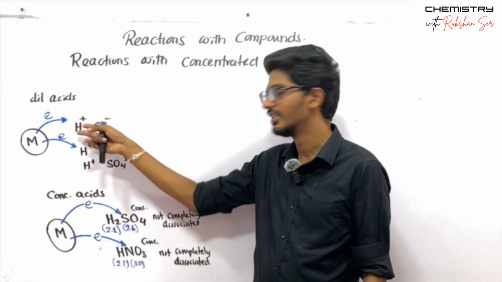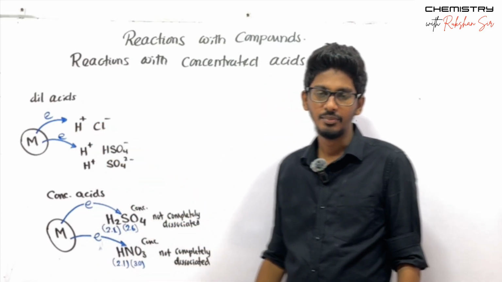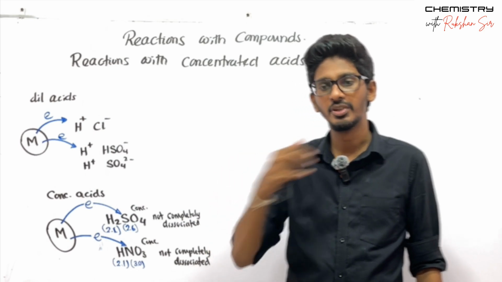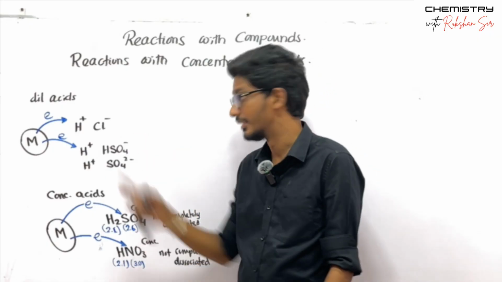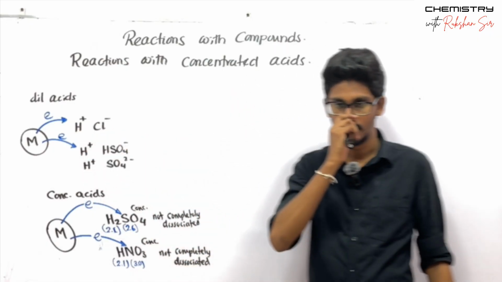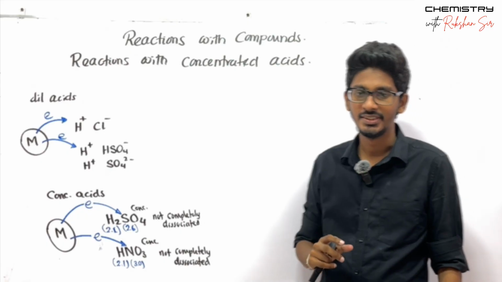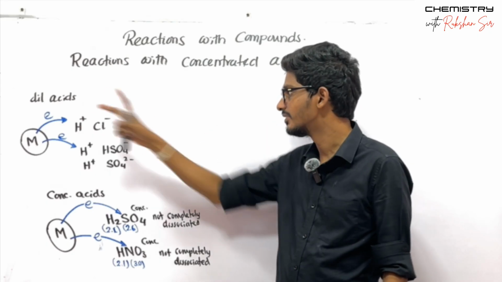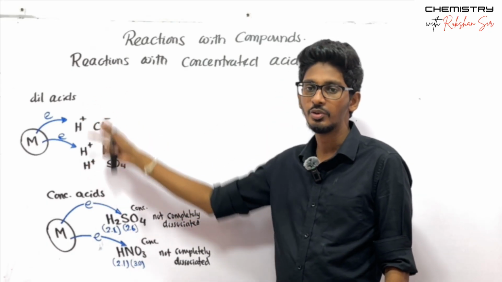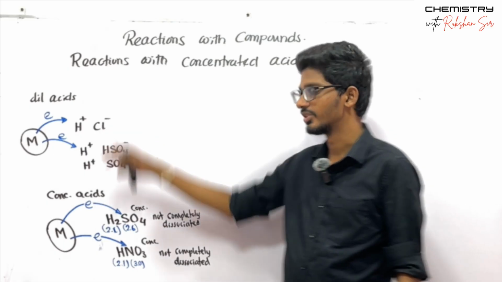Here, HCl is normally a covalent molecule. In the presence of a high amount of water, the water molecules will polarize the HCl bond and break that to ions. That is how the H pluses are released when the dil acids are used.